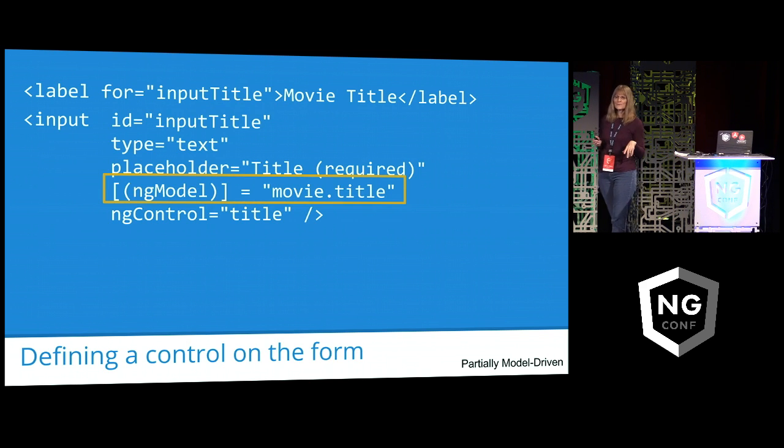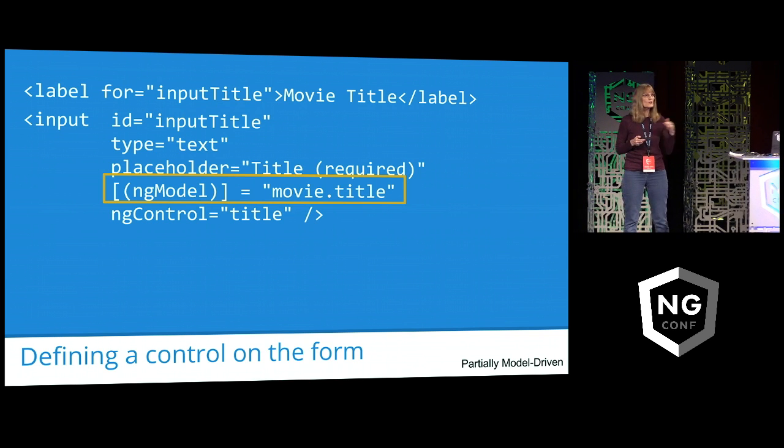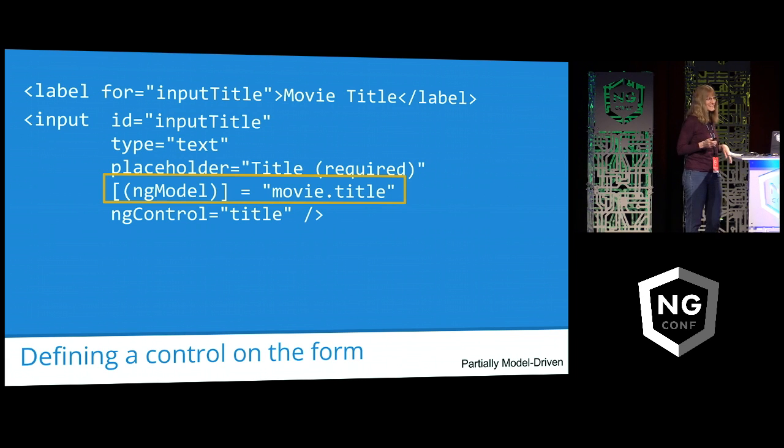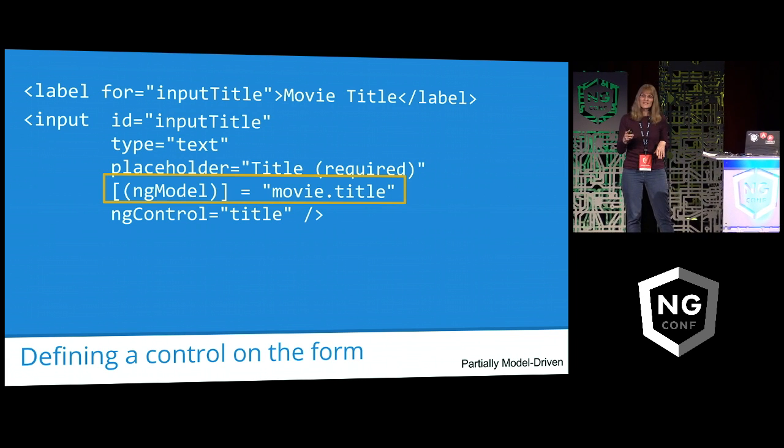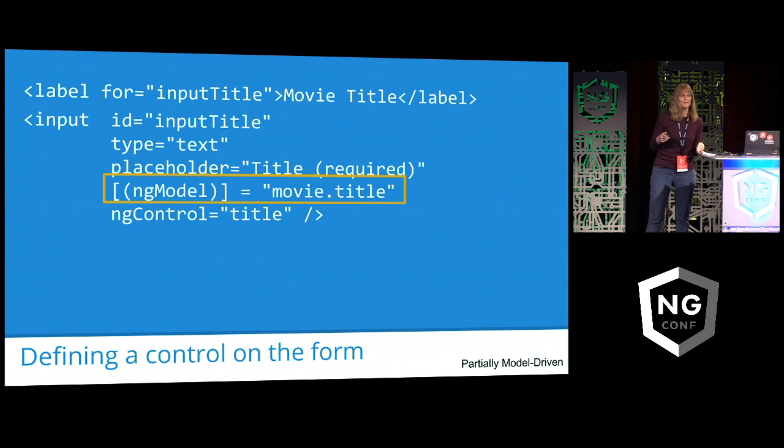Our label and our input box look similar, but we no longer have the validation in here because we defined the validation in the code, in our, I almost said controller, in our component class. The other thing that you notice that we don't have here anymore is our hash local template variable.